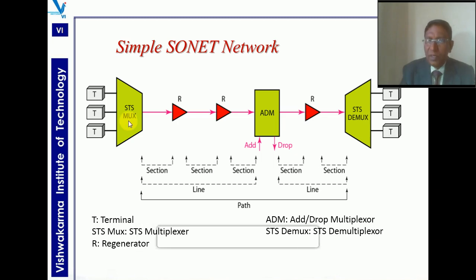Here we can see the communication between one device and another, adjacent devices, is called a section, and between the STS multiplexer and ADM, or from the ADM to the STS demultiplexer, it is called a line, and from the STS multiplexer to the demultiplexer, from source to destination, it is called a path.